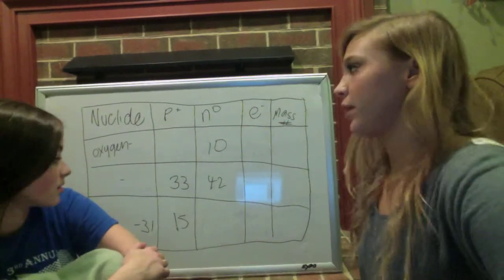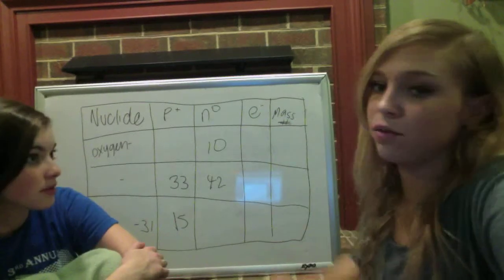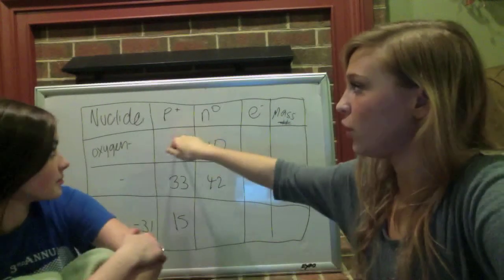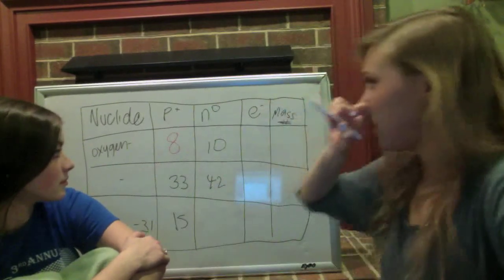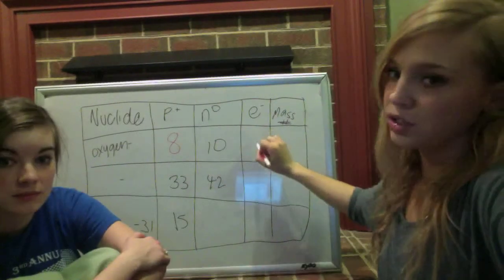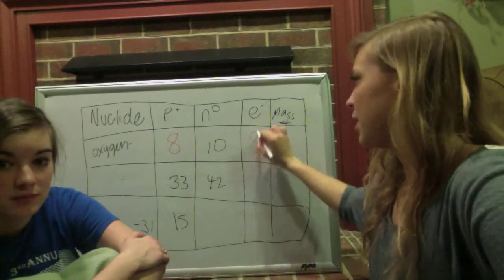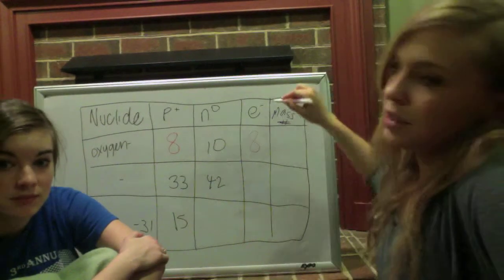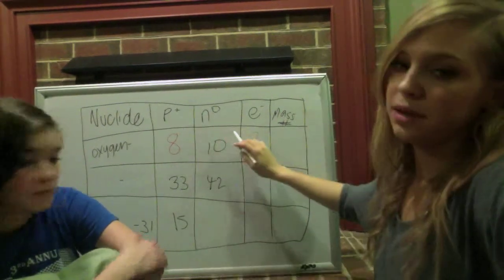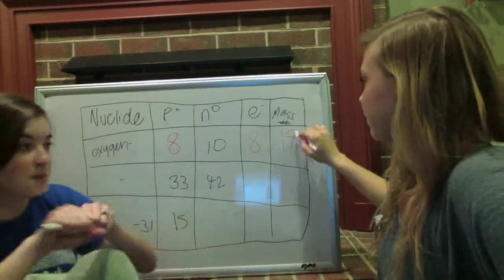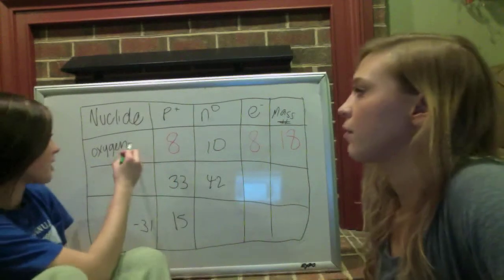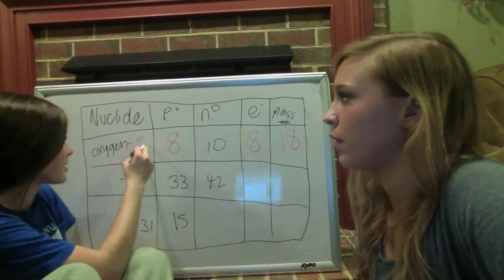And if you look at your periodic table, you can tell that for oxygen, your number of protons is 8. And then therefore your number of electrons is 8. And your mass number is the number of protons plus the number of neutrons, which is going to be 18. So beside oxygen, you have your hyphen and you write 18 for the mass number.